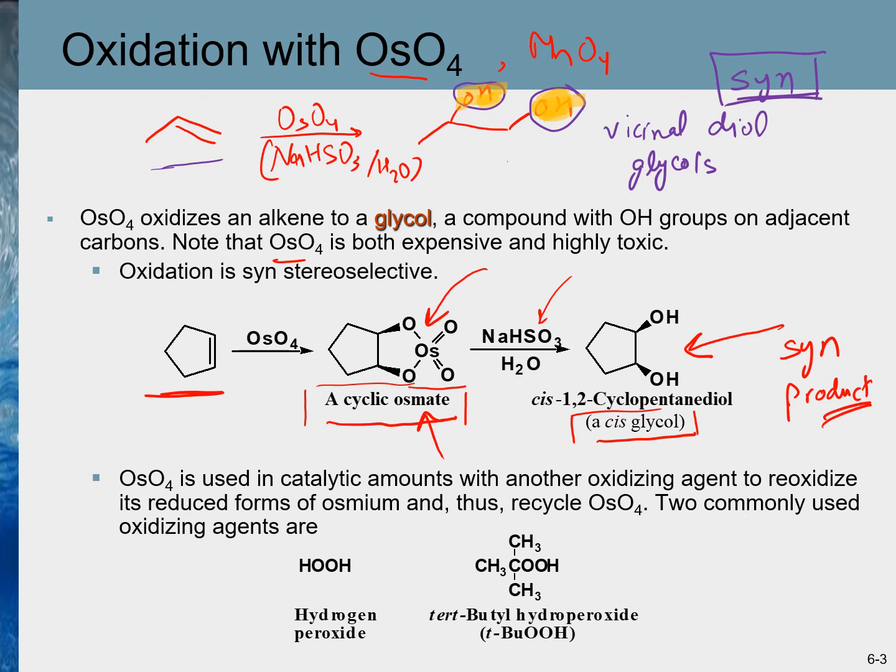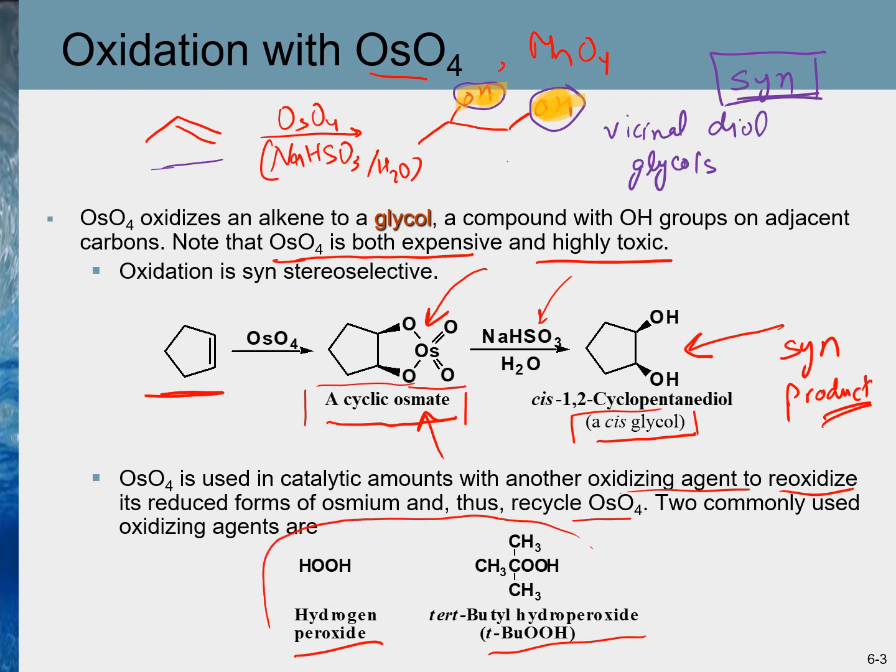It should be noted that osmium tetroxide is both extremely expensive and highly toxic. Therefore, it is used in catalytic amounts, and it is used in presence of other oxidizing agents to reoxidize it from its reduced form and thus recycle osmium tetroxide. So two commonly used oxidizing agents are hydrogen peroxide and tertiary butyl hydroperoxide.